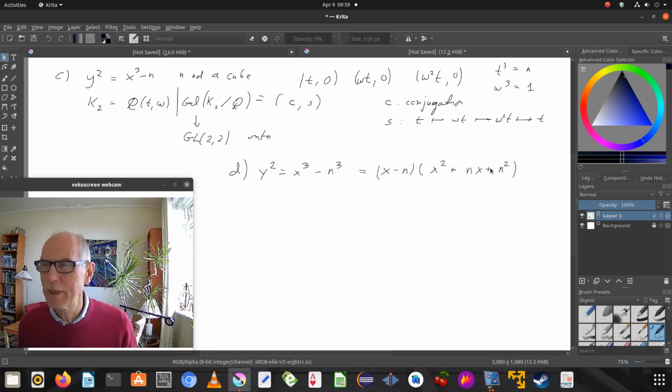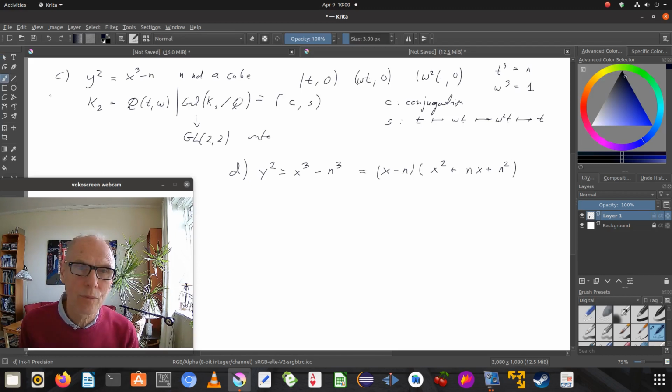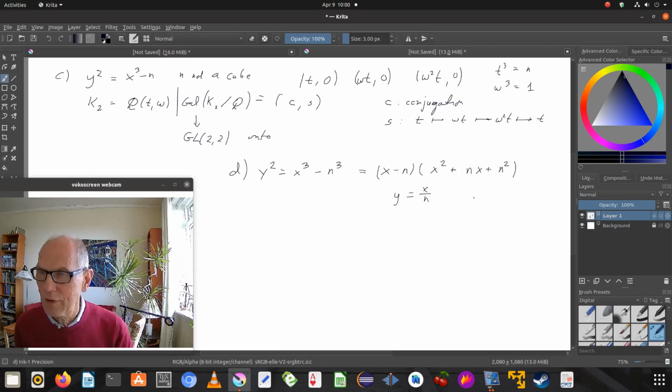Yeah, that's right, minus n to the third. Good. So the root here, x divided by n, to divide by n, then y squared plus y plus 1 equals nothing. So this is omega.